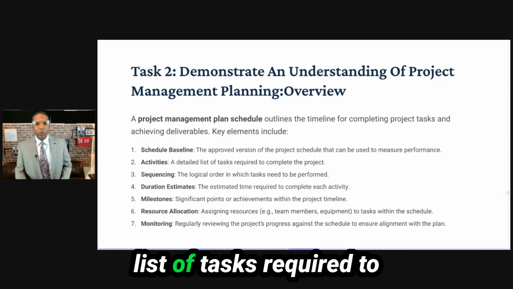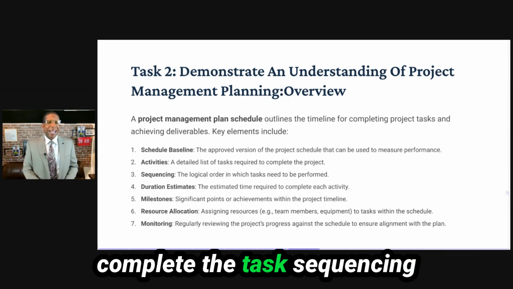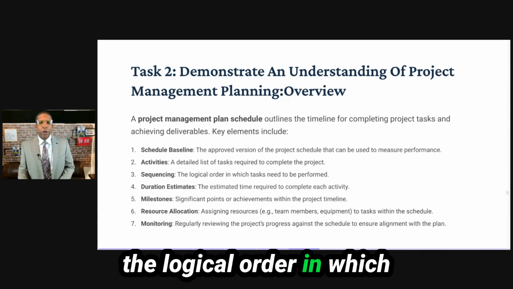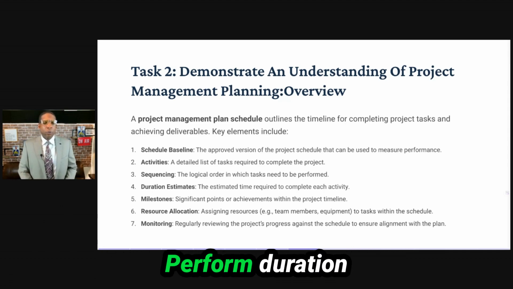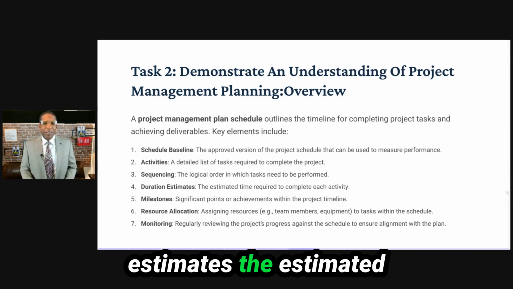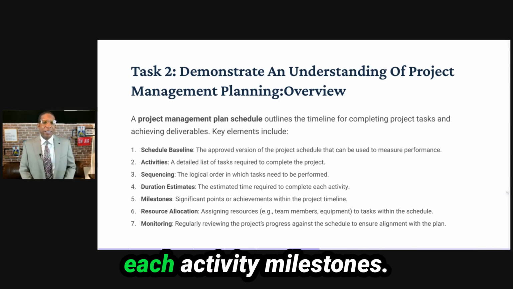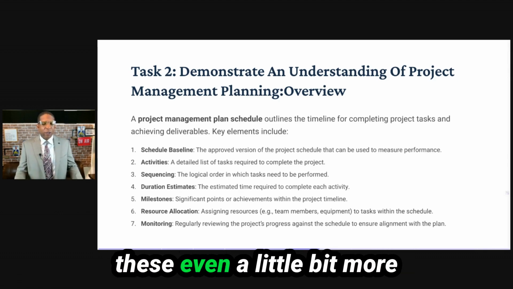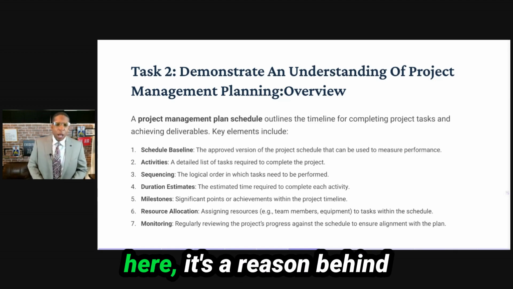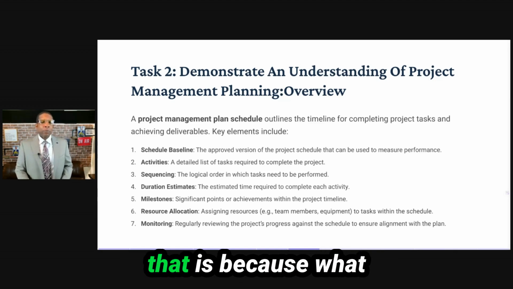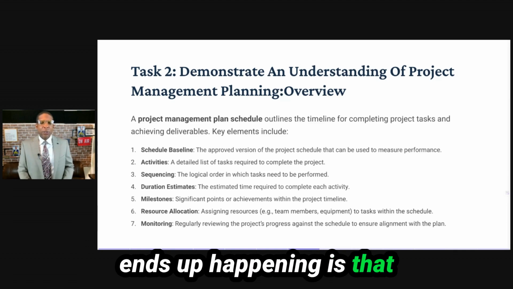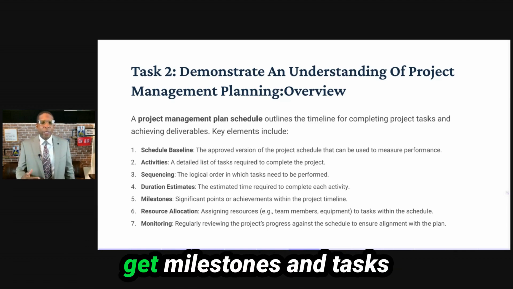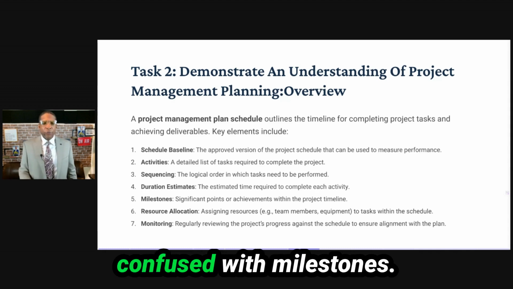Activities, a detailed list of tasks required to complete the task. Sequencing, the logical order in which tasks need to be performed. Duration estimates, the estimated time required to complete each activity. Milestones. Now, when I start unpacking these even a little bit more than what you're seeing here, there's a reason behind that. It's because sometimes people get milestones and tasks confused.